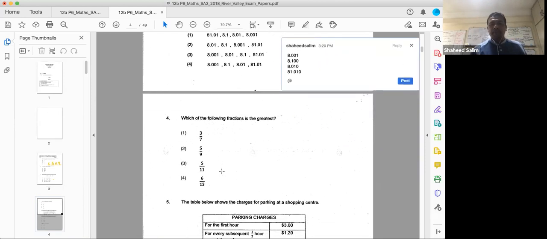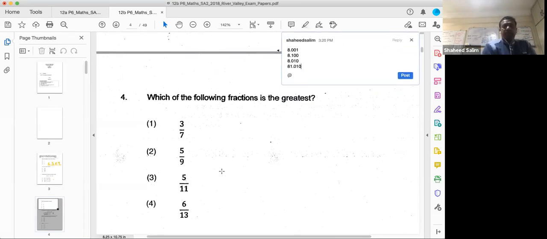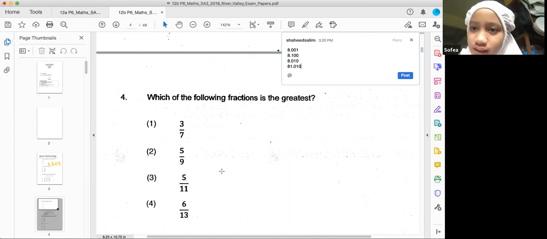Which one of the following fractions is the greatest? My answer is 1.